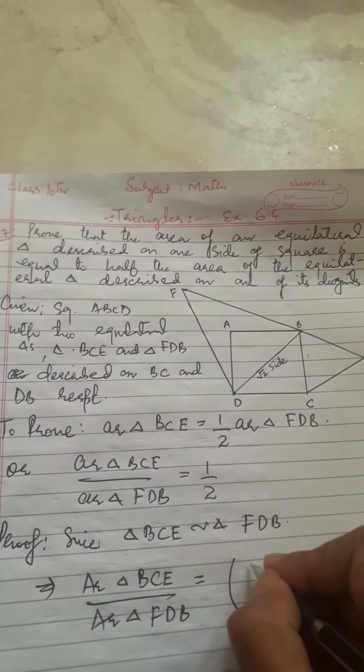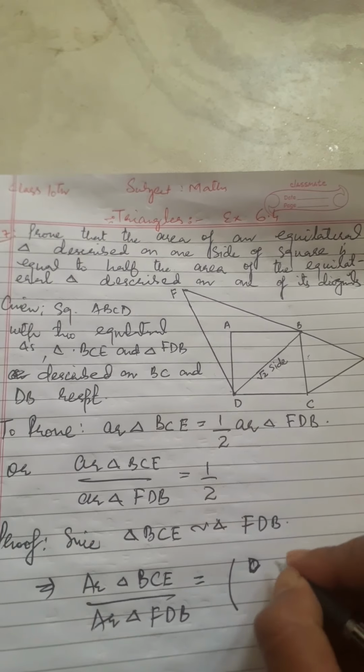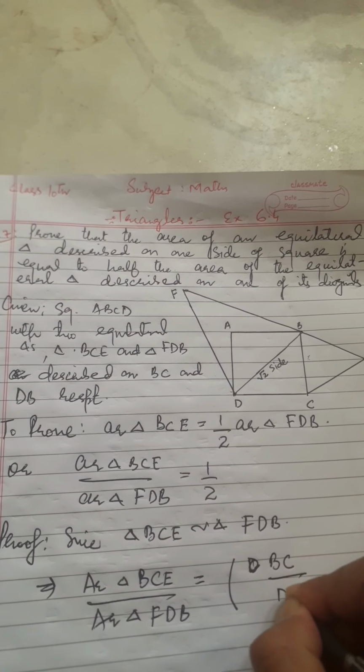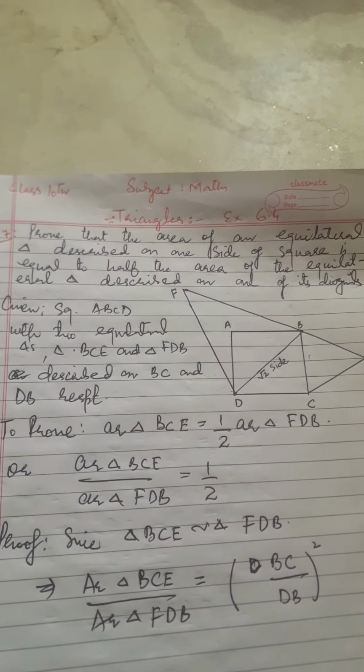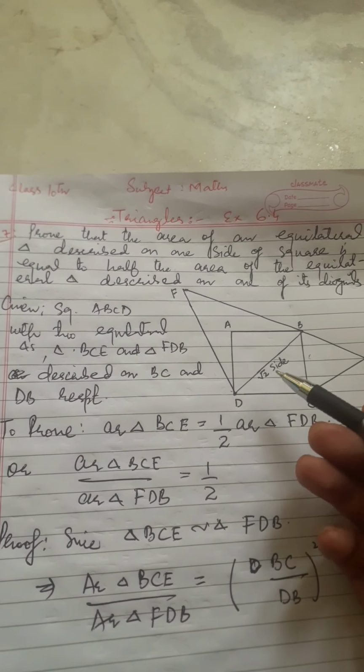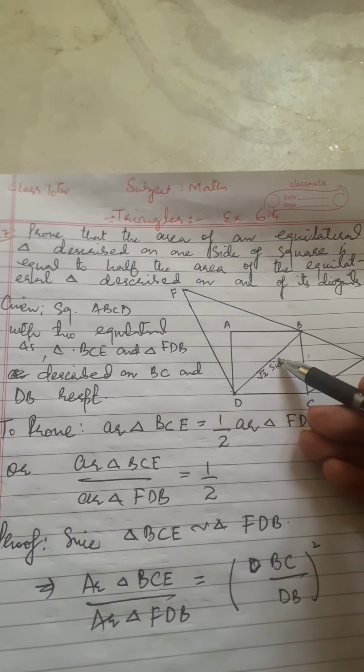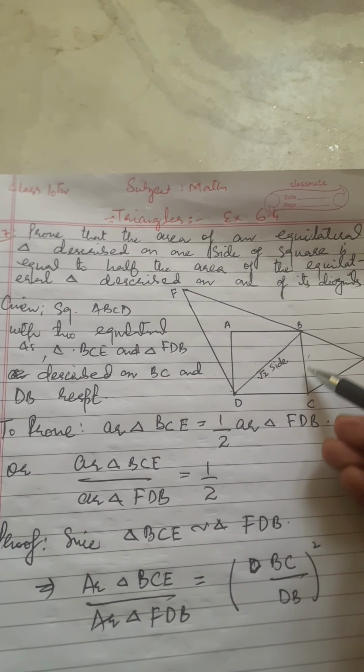That means BC upon DB whole square. मैं इन्हीं दो साइड्स को क्यों लेता हूँ? बिकॉज इन दोनों में जो कंडीशन है, दिस इज मेड ऑफ √2 टाइम्स दिस साइड, सो मैं इन्हीं दो साइड्स को ले रहा हूँ. ठीक.